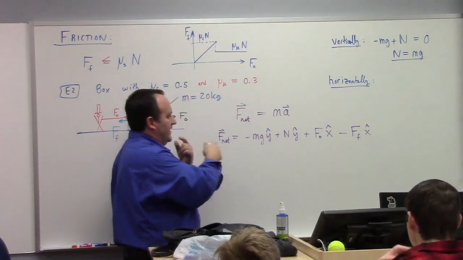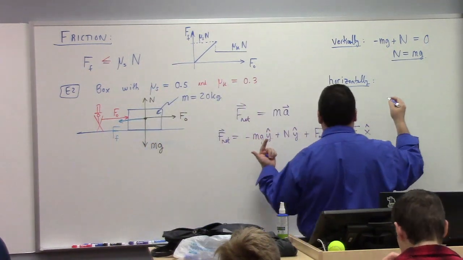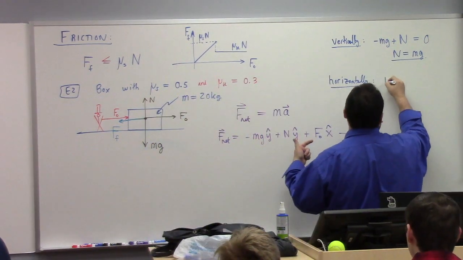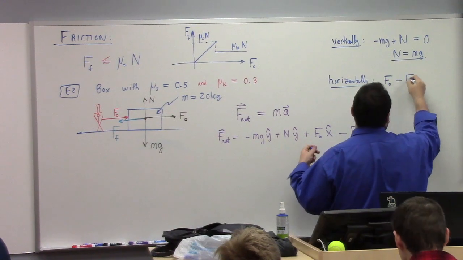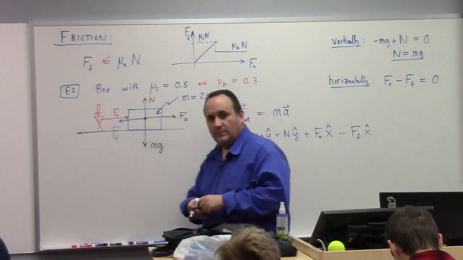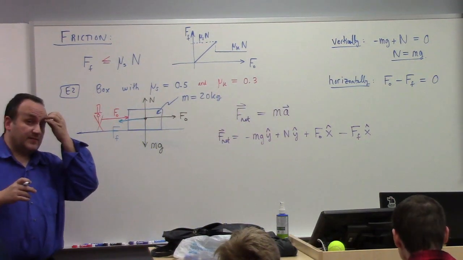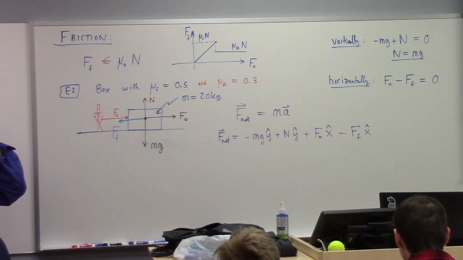Horizontally, we've got the force of friction and we've got F naught. So we've got F naught minus the force of friction equals 0, in the case of static, before it's moving.